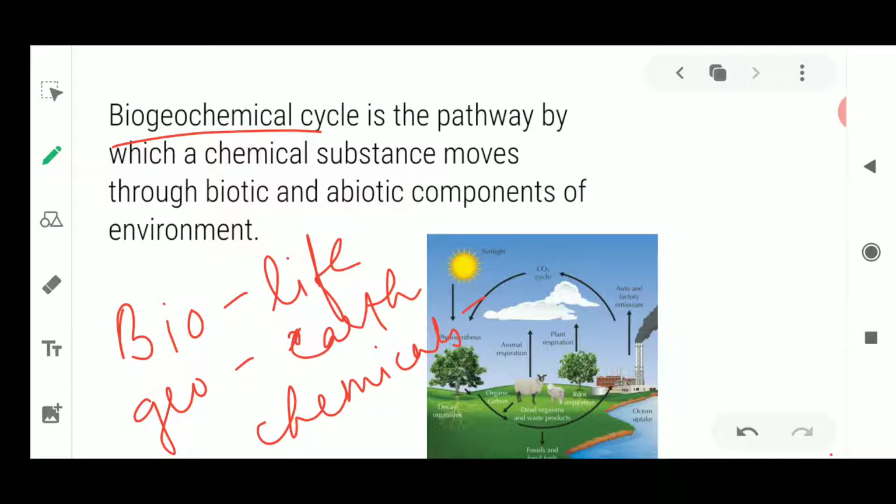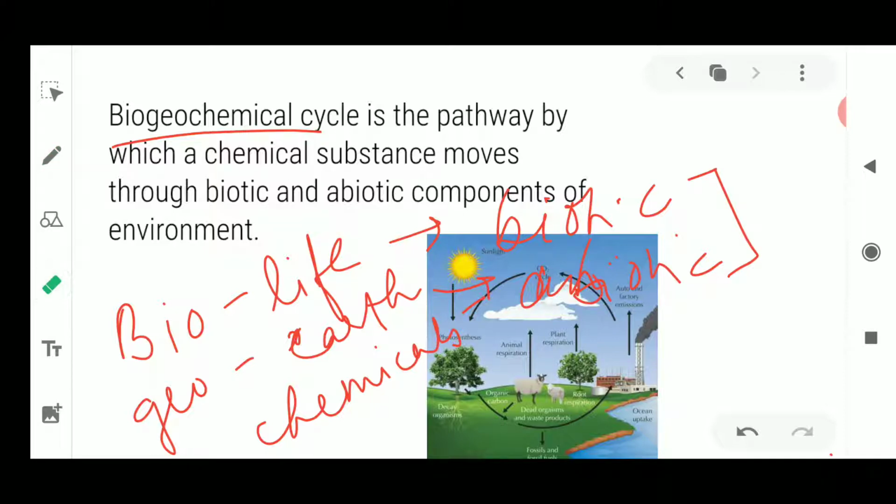Here you could say that life is the biotic form, and the earth is the abiotic form. So this biogeochemical cycle is a pathway by which the chemicals are going to move between these biotic as well as abiotic components.